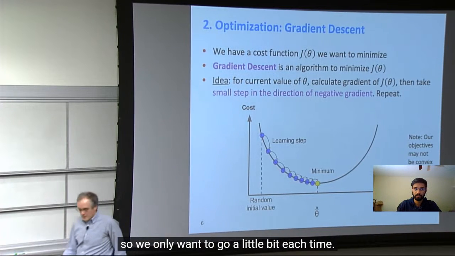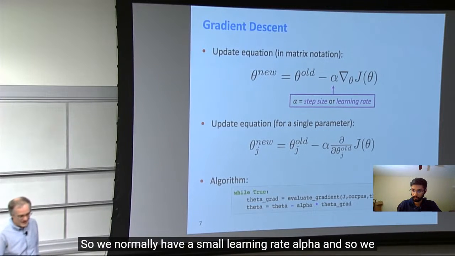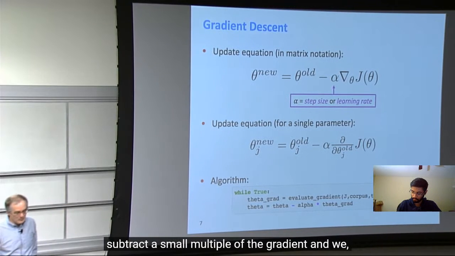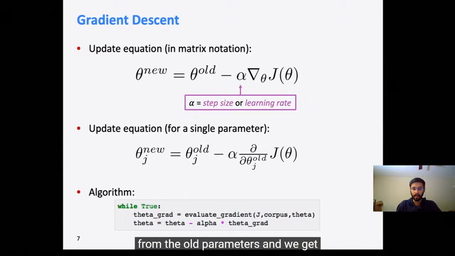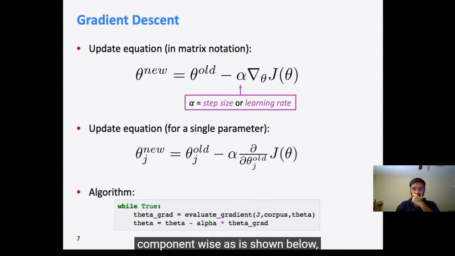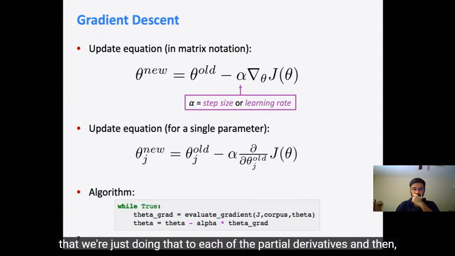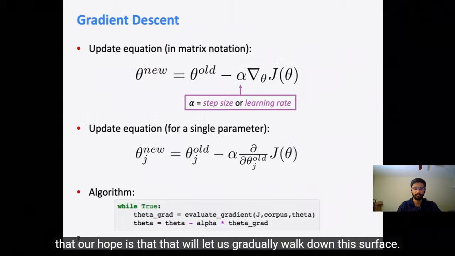So we only want to go a little bit each time. We normally have a small learning rate alpha, and so we subtract a small multiple of the gradient from the old parameters, and we get our new parameters. That's effectively being worked out component-wise, as shown below, where we're just doing that for each of the partial derivatives, and our hope is that that will let us gradually walk down this surface.